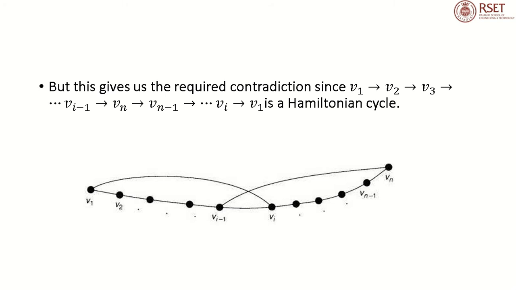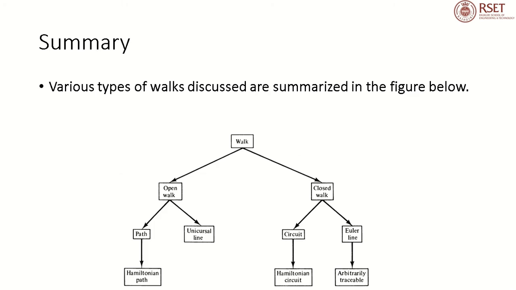Now from the figure we get V1, V2, and so on up to Vi minus 1, then Vn, Vn minus 1, and so on to Vi and back to V1, which gives a Hamiltonian cycle, which is the required contradiction. That means our assumption is wrong, and hence the theorem.